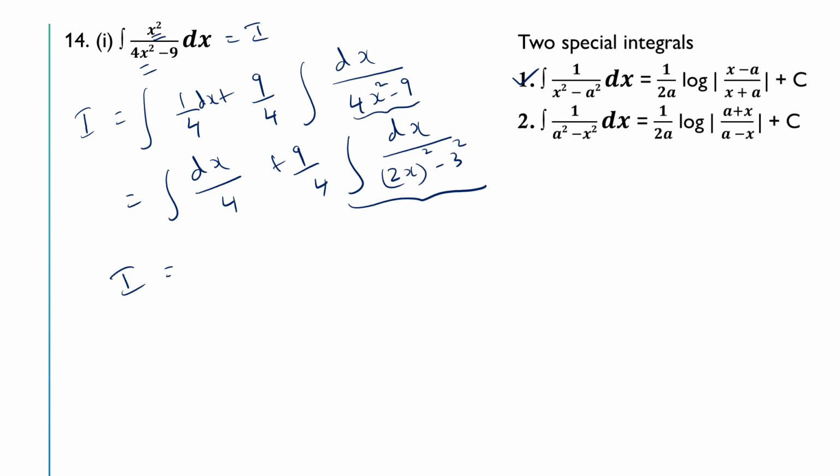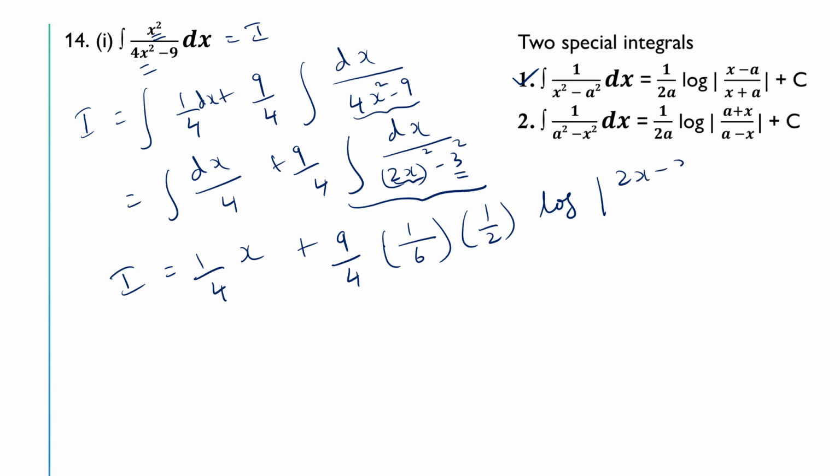So the given integral is equal to 1 by 4 integral dx is x plus 9 by 4. In place of x we have 2x and in place of a we have 3. So it is equal to 1 by 2a, 2 into 3 is 6, into 1 by 2, because the coefficient of x is 2, log mod 2x minus 3 upon 2x plus 3 plus c.